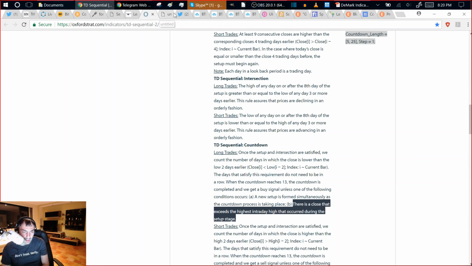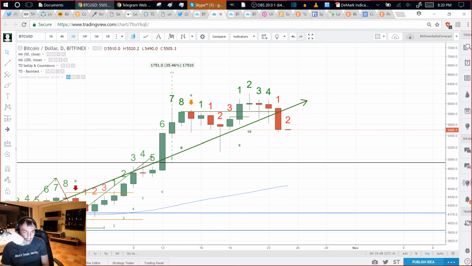So even if, for example, we don't get a 9 to the downside, but we get a candle that closes below the low of this 1, because that's basically the lowest point. So if we get a candle that closes below this 1 here, then this 13 count from this 9 also stops.